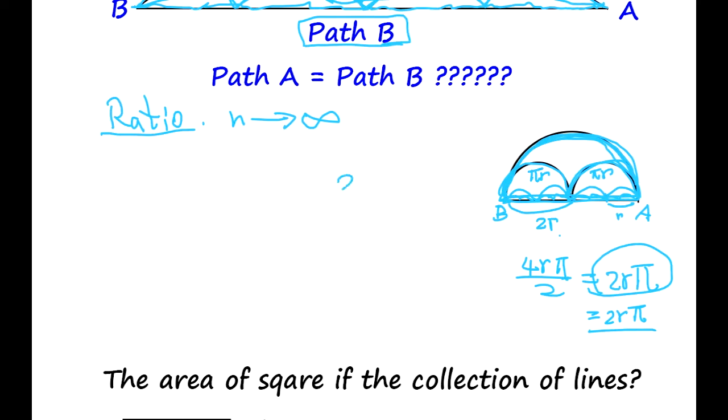So 2 pi r over 4r will be pi over 2. That's the ratio. This ratio stays the same no matter how many times you repeat the operation. So that's how you break this fallacy. It sounds like this path becomes completely the same as this path, same length, after infinite times of operation, but it's not, because the ratio is always the same.